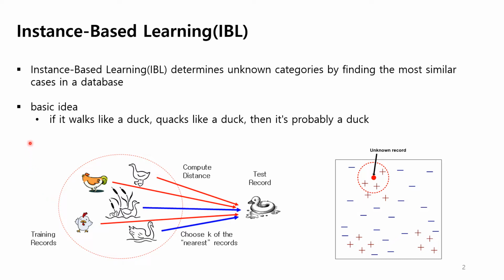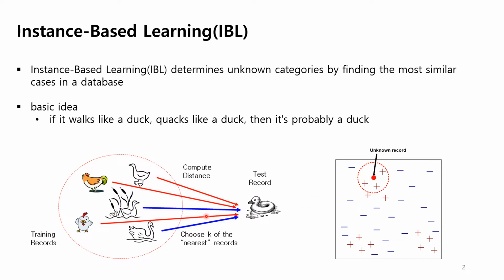So let's take a look at this example here. Let's say we have a new animal and you want to classify this animal, whether it is a goose or a chicken or duck or swan or chick. Okay, then let's say this animal is very similar to this duck.